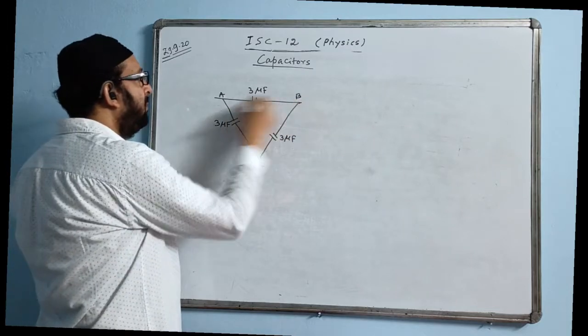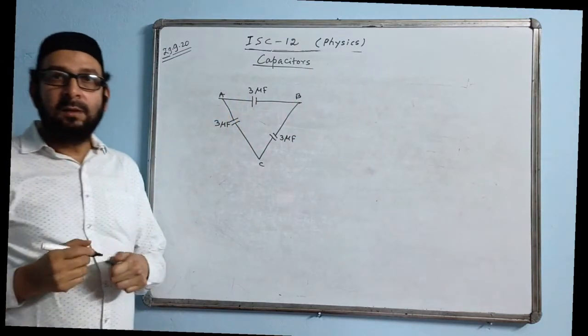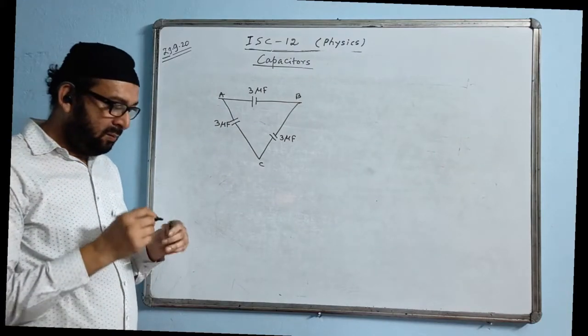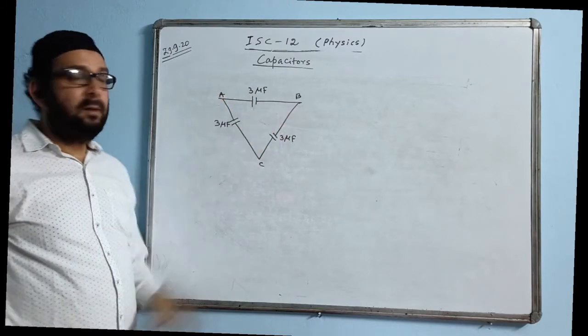Then this is given. And the question is asking to find the equivalent capacitance of this network between the points A and B.